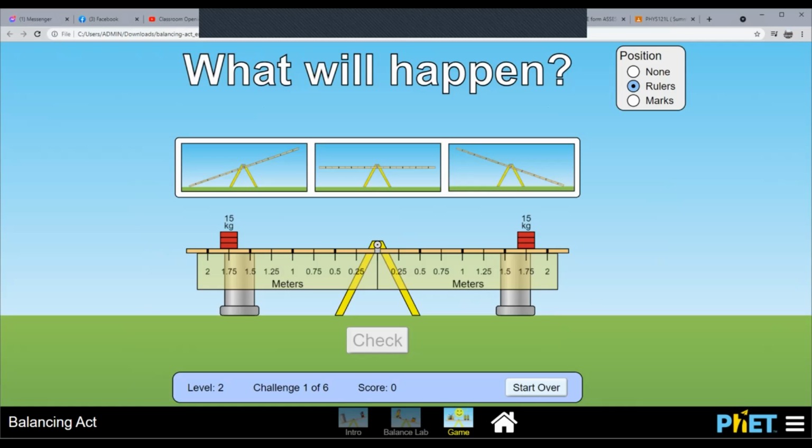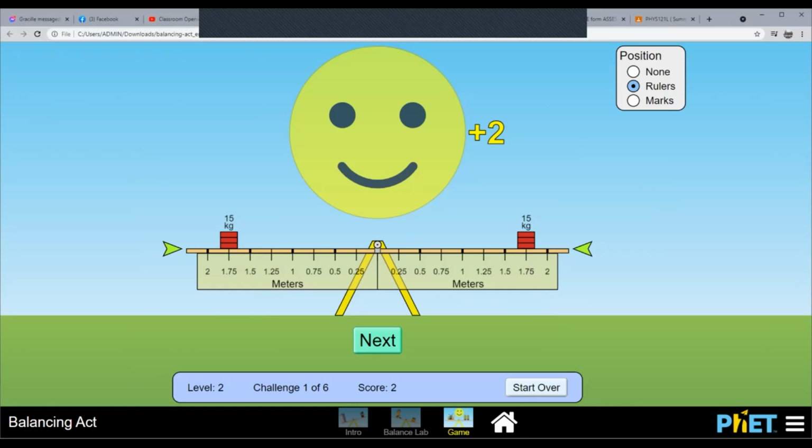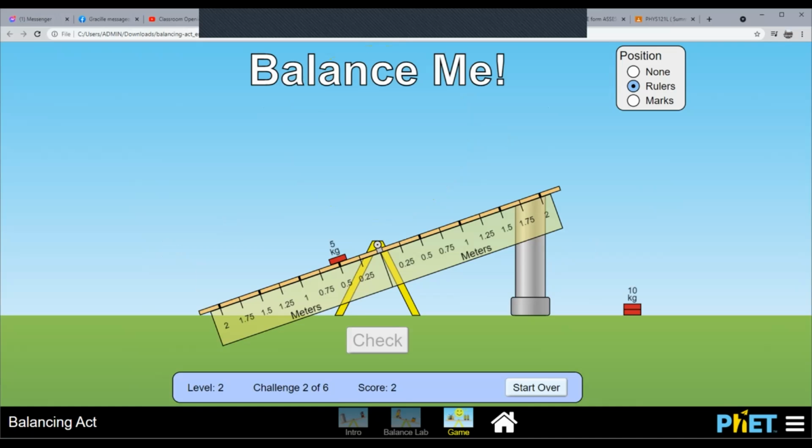What will happen? Balance po, ma'am. Ito ang answer niya, yung nasa gitna. Yes po, ma'am. Okay, so let's check. Where do we put the 10 kilogram here?